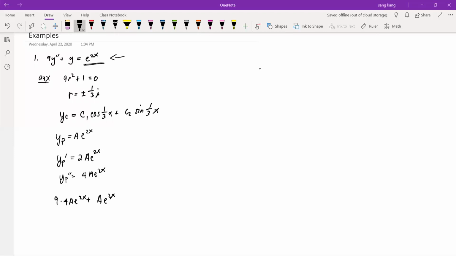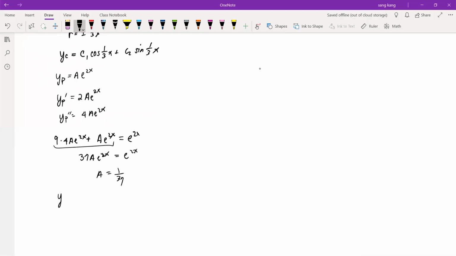This will equal our right-hand side, which is e to the 2x. And of course, this equals 36 plus 1, so 37a e to the 2x equals e to the 2x. So a should equal 1/37.